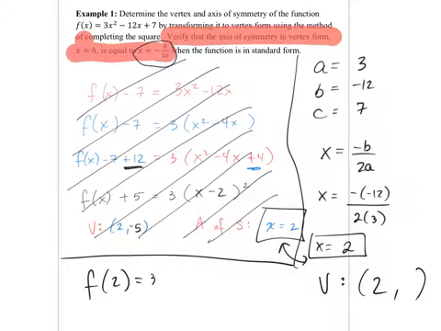So we take 3x squared minus 12x plus 7, and that will give me negative 5. Again, evaluate the function at the axis of symmetry to give you the y-coordinate of the vertex.